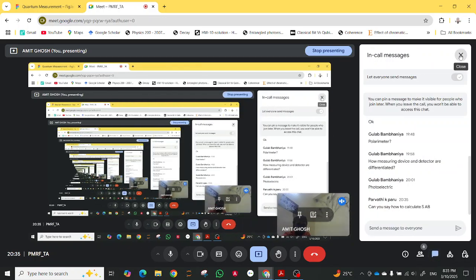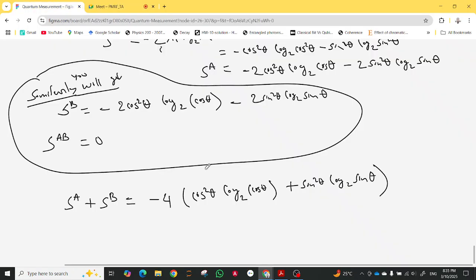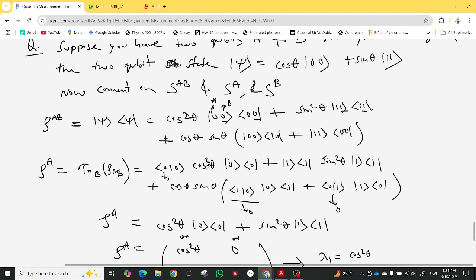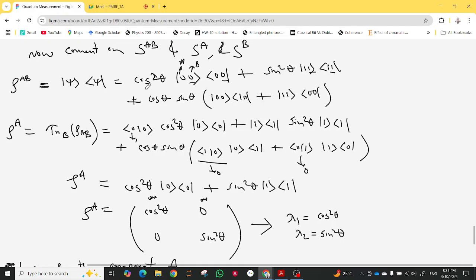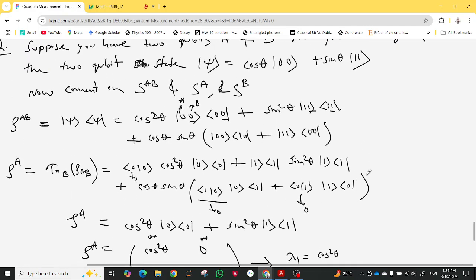So calculate SAB. You have this rho AB, right? You have to write the density matrix in matrix form and then find the eigenvalues. This is 0 0 0 1 1 0 1 1, right? So the first term is cos square theta, and the 1 1 term is sin square theta.